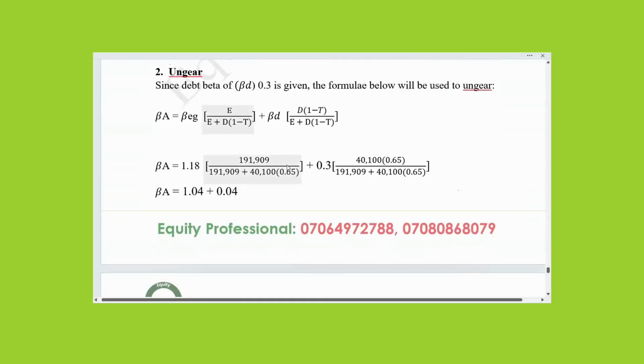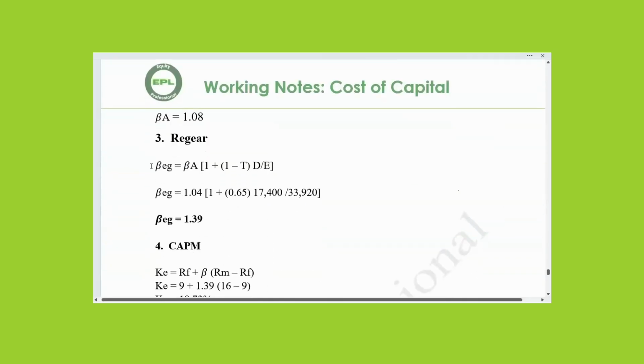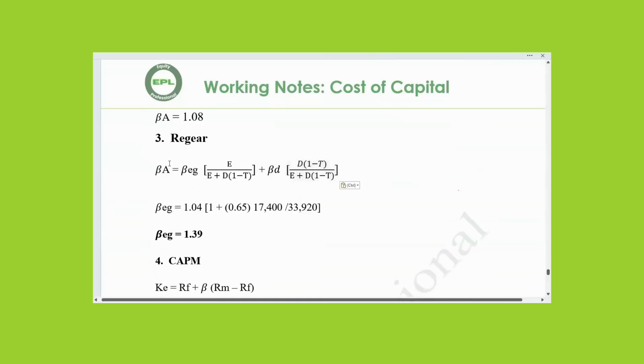Ordinarily, we would have used the old one, the existing one. But because you are told that both the freezer company and Kilimanjaro have the same debt beta of 0.3, therefore you cannot use this one. So you have to use this formula you used in step 2. So in this case, we have already calculated beta assets to be 1.08.